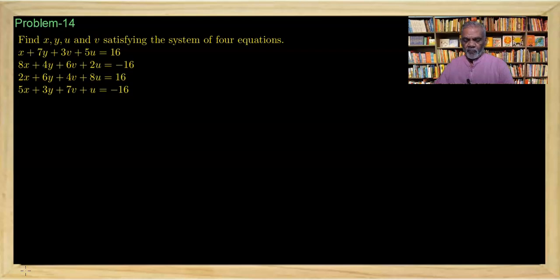Problem 14. Find x, y, u and v satisfying the system of four equations, namely x plus 7y plus 3v plus 5u is equal to 60, 8x plus 4y plus 6v plus 2u is equal to minus 16, and 2x plus 6y plus 4v plus 8u is equal to 60, and lastly 5x plus 3y plus 7v plus u is equal to minus 16.